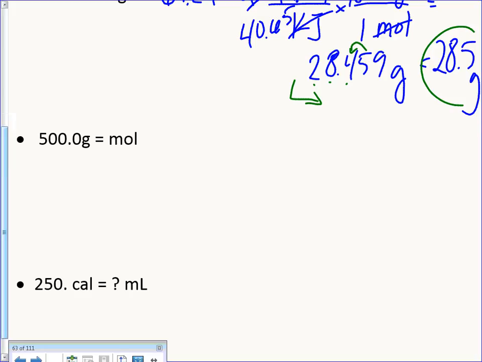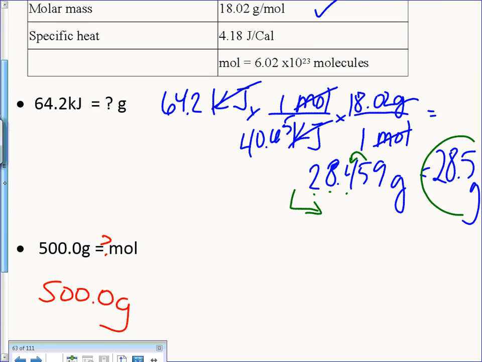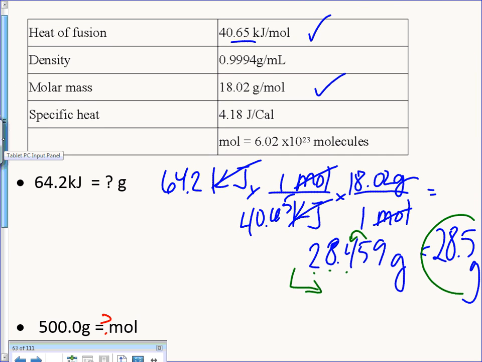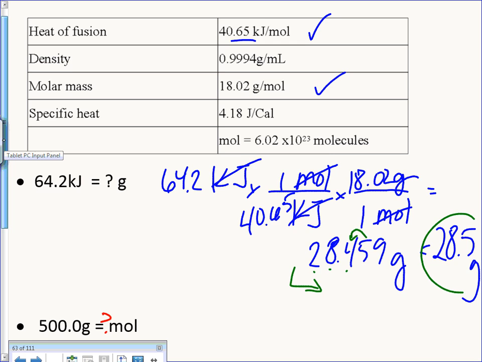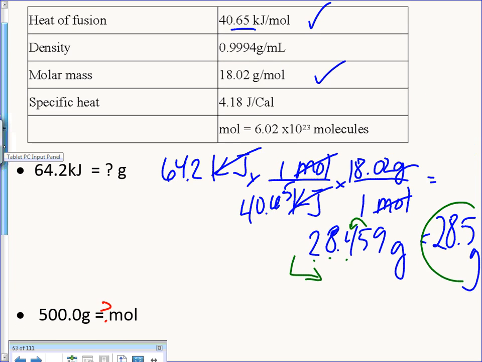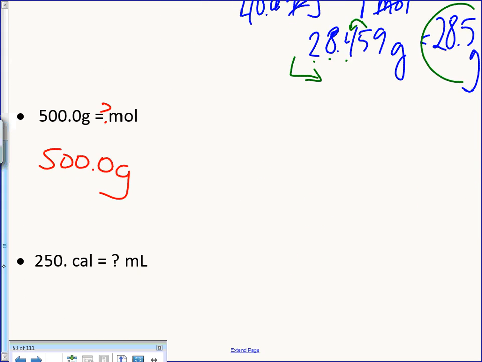So what is my starting number for this one? 500, right? So 500.0 grams. Is there a way for me to get from grams to my desired unit of moles? From grams to moles. How many steps? Just 1. Yes, okay, so 18 grams per mole is that conversion factor. So how do I write it here?